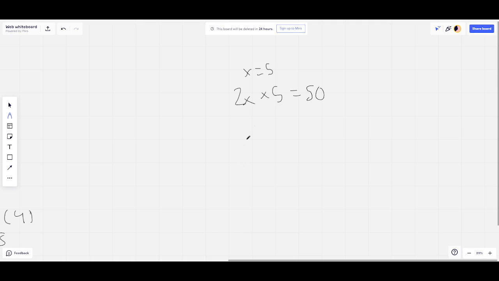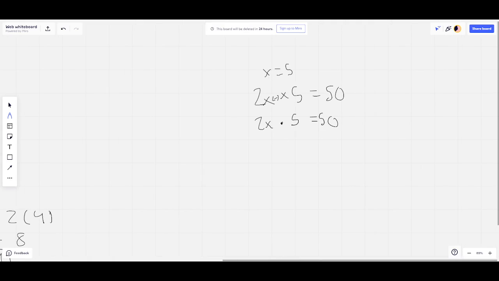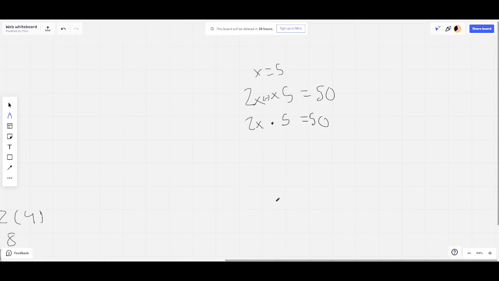I cannot math. But this confusion right here between these two symbols, we generally like to use a dot, just a little dot here for multiplication, times 5. This would be a more correct way to write it in algebra. And I mean, the symbols mean the same thing, but this doesn't have the problems of ambiguity.